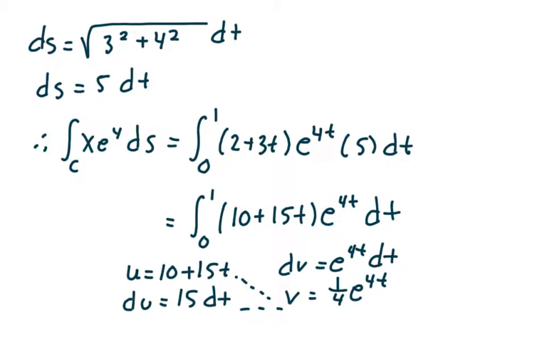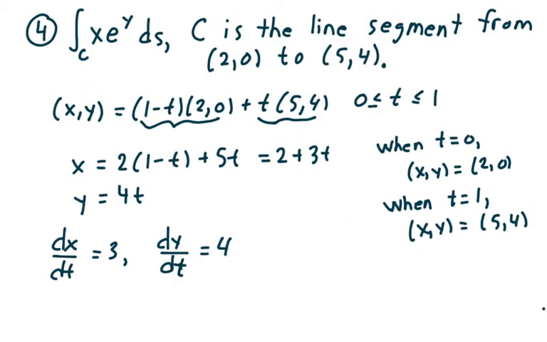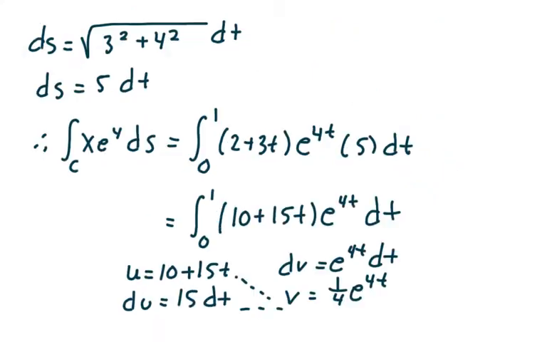And so we're going to take the integral over c of x e to the y ds. Now, I'm going to replace x with 2 plus 3t. I'm going to replace y with 4t, right? That's up here. So I get the integral from 0 to 1 of 2 plus 3t times e to the 4t. ds is 5 dt.